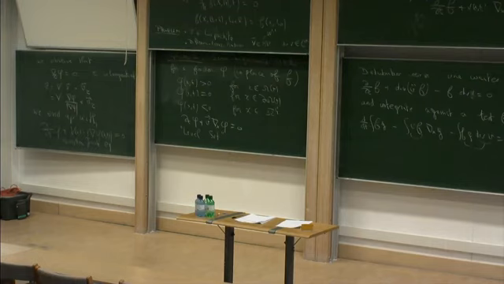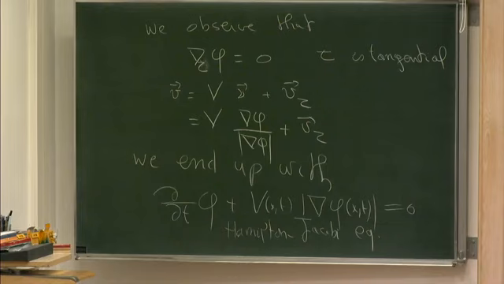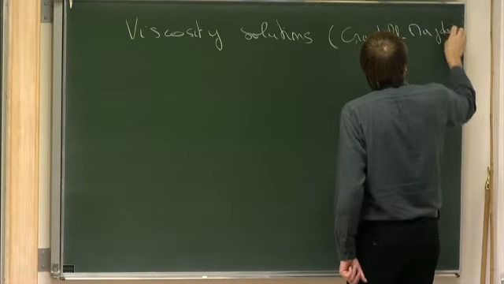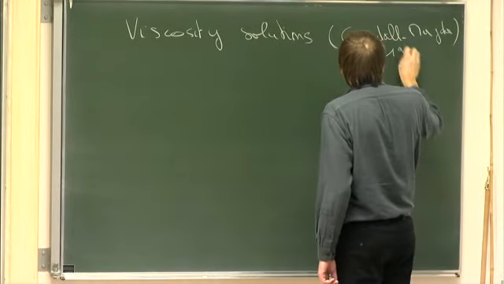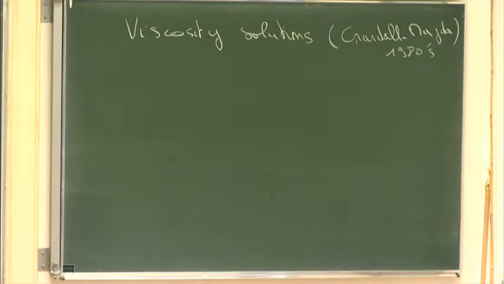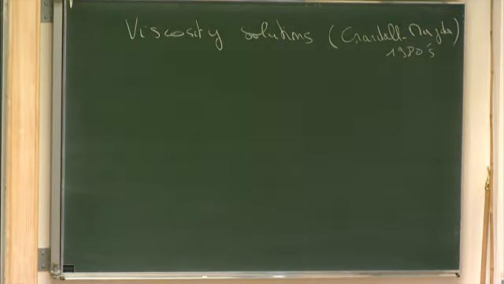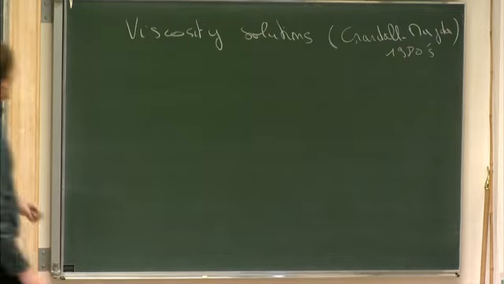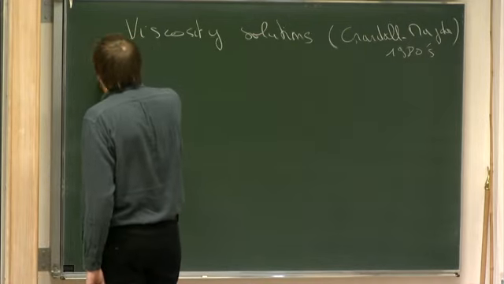Viscosity solutions, which were introduced by Crandall and Lions in the 80s, are a convenient way to define solutions, and it has a flavor of weak solutions in the distributional sense, except that rather than multiplying and integrating by parts, you do something different.